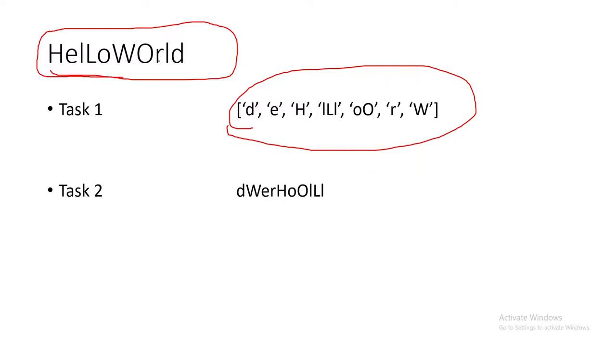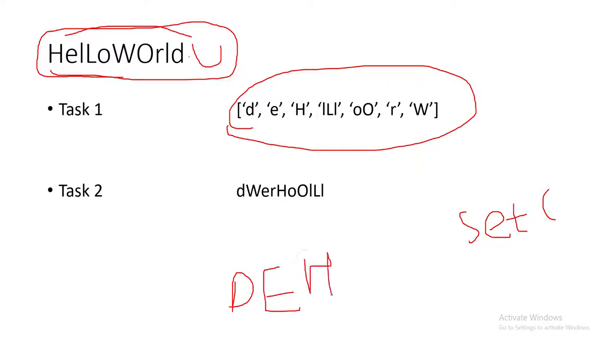I'll use a set function so that I get only one character from this string. By converting this string into uppercase, I'll get only one character. Then I'll sort. So I will get something like this: D, E, H, L, O, R, and W.